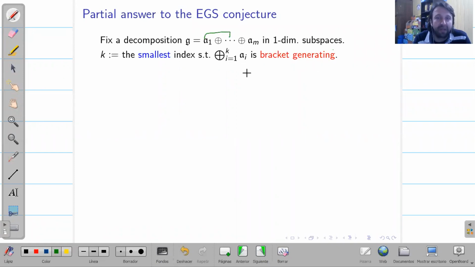What bracket generating means is that this subspace generates, as a Lie algebra, the whole Lie algebra. In some sense, the smallest Lie algebra containing this subspace is G. There is no proper subalgebra containing it. That's the notion of bracket generating.